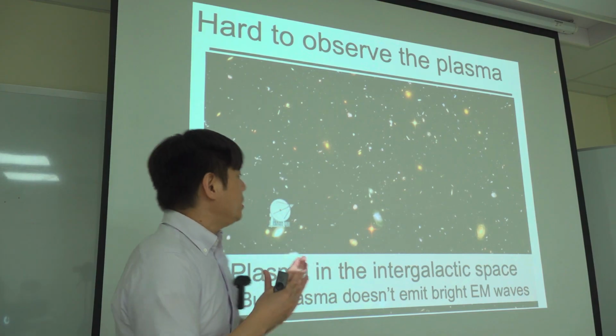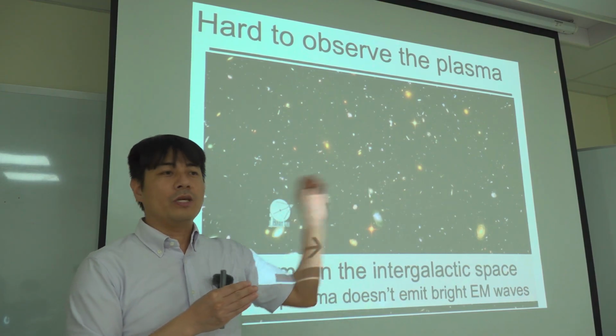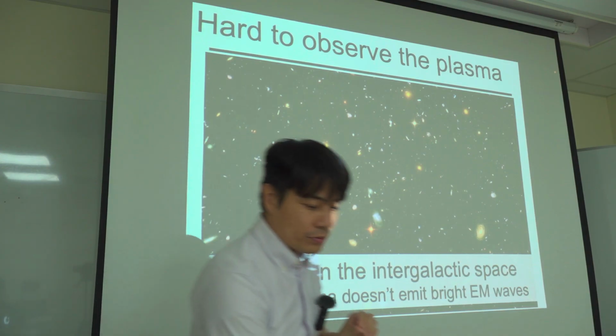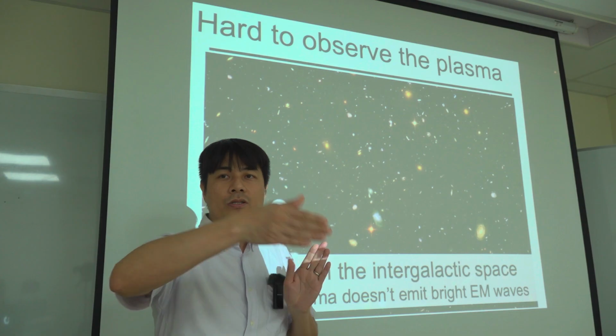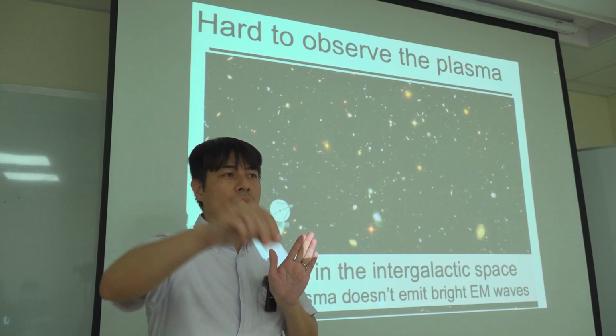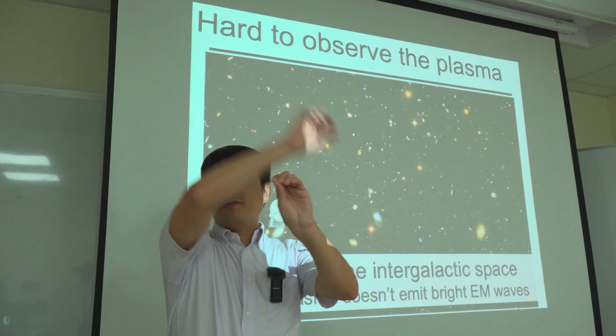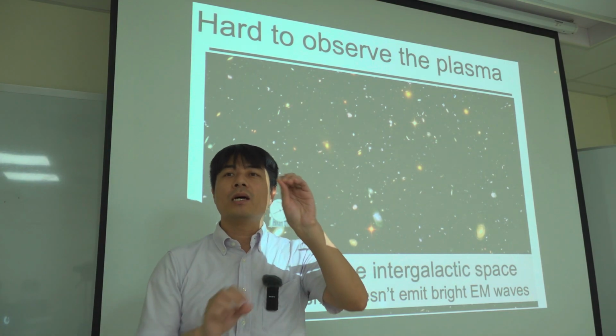So we only know the integrated quantity along different lines of sight. In principle, from single measurements we don't know how the electron density is distributed along the sight line. But with different lines of sight, we can see the variety.